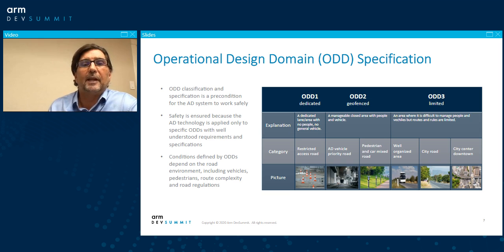Specifically, when you look at things like what kind of sensors are required, because you can see how the number of actors that you will interact with in these different ODDs will vary, going from a restricted environment where you may see very few pedestrians, but it's more other equipment moving around, typically at lower speeds, all the way to the other extreme of being in a dense urban environment where there will be a great number of actors that the autonomous vehicle needs to interact with, to recognize, to basically predict what those actors are going to do.